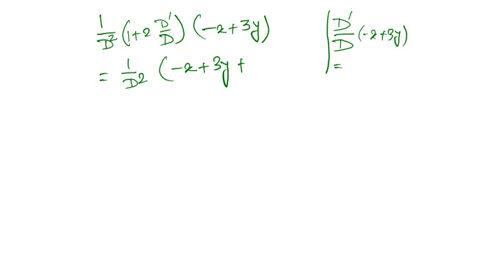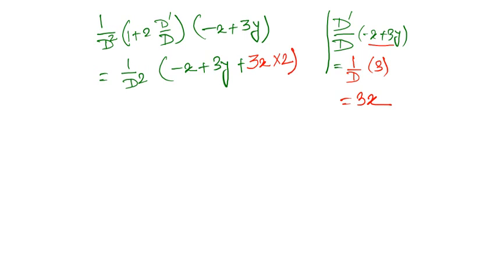Let me take another color here. As you know, first I have to differentiate this with respect to y, so that will give you 3 over here. Now again I have to integrate 3 with respect to x. 1 by D means integration, so that will give you 3x. So here you write 3x, and the 2 is already there, so 3x into 2.